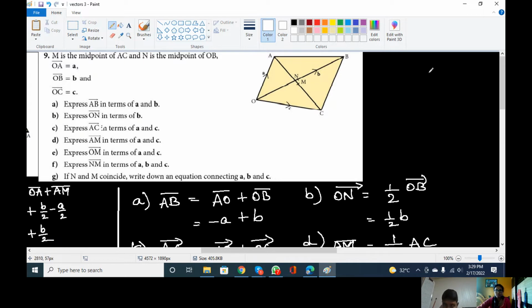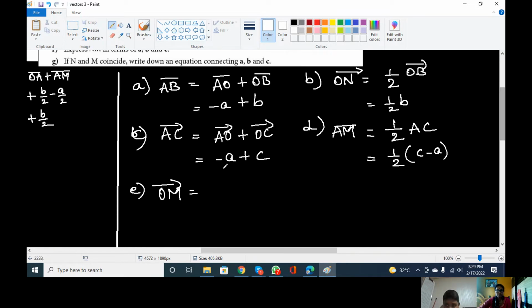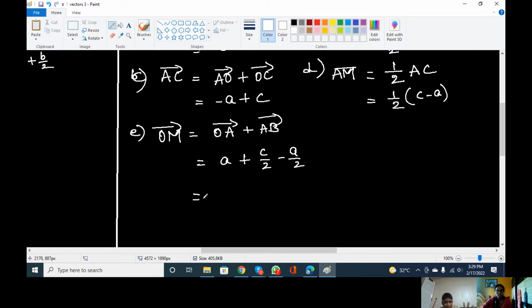So OM is equal to OA plus AM vector. OA is A, AM we already did here, half C by 2 minus A over 2. So 1 minus half is half. So A over 2 plus C over 2.